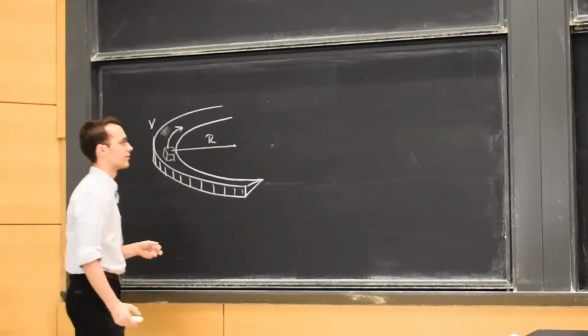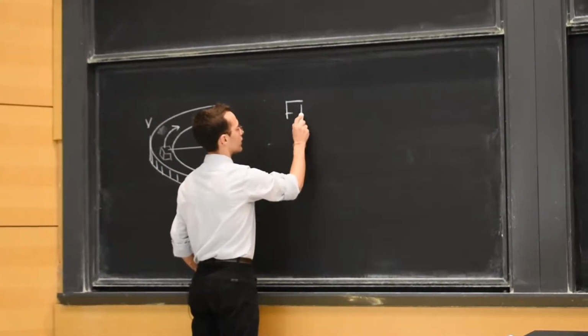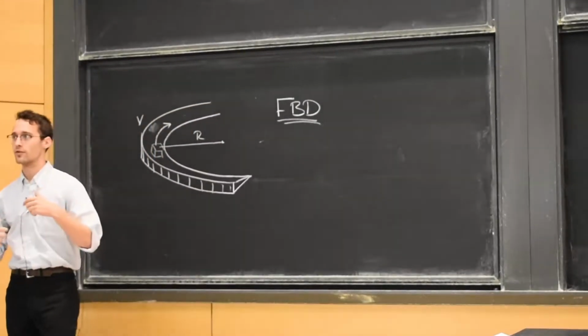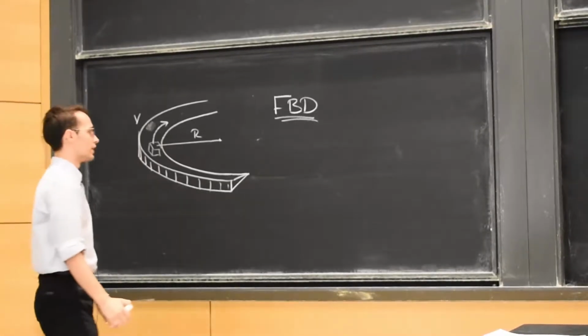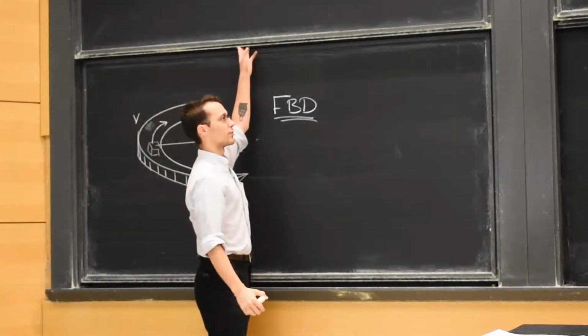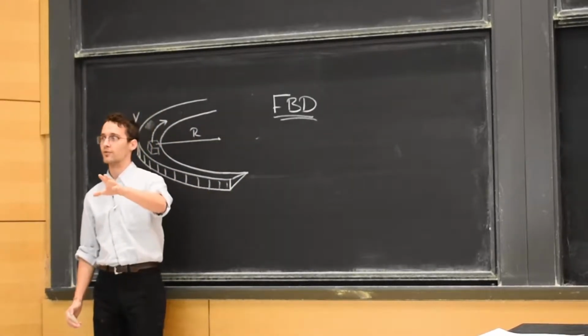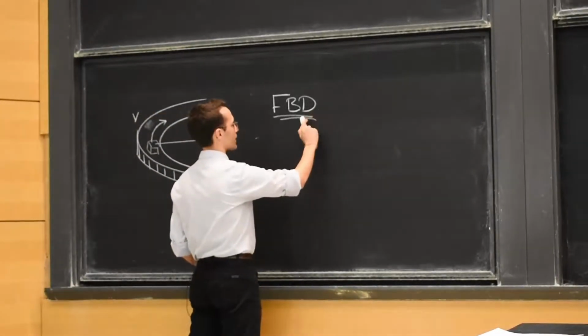Alright? So as always, you start with your free body diagram. For those of you that are in my recitations, you know free body diagrams are an absolute necessity whenever you start a problem. For those of you that aren't, I'm sure Kevin has also told you this, but free body diagrams are extremely important.